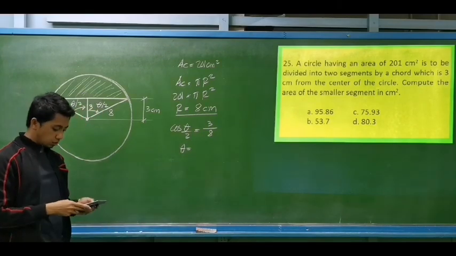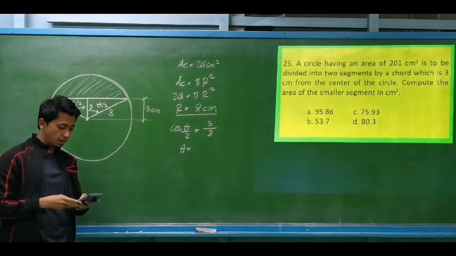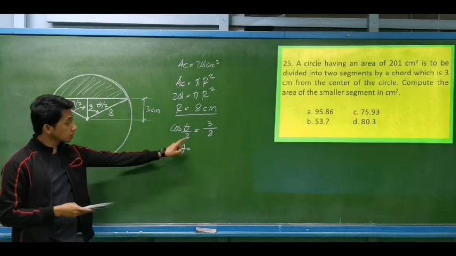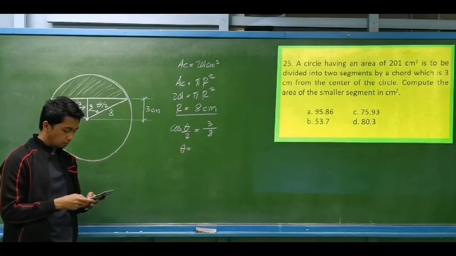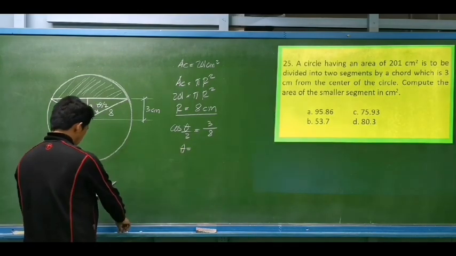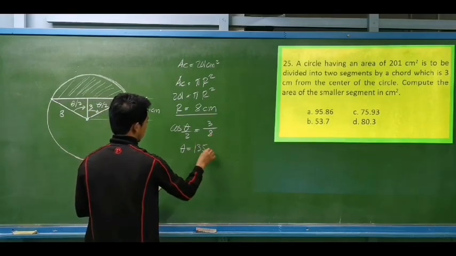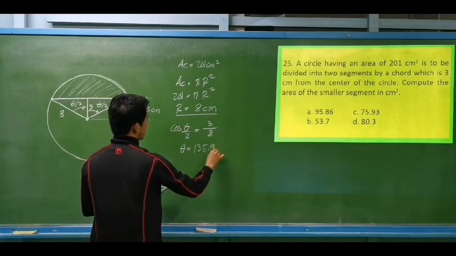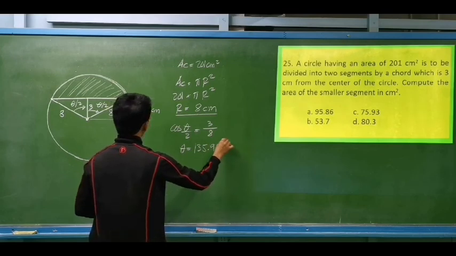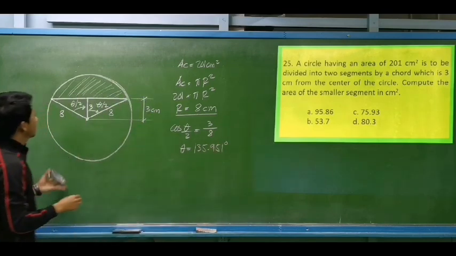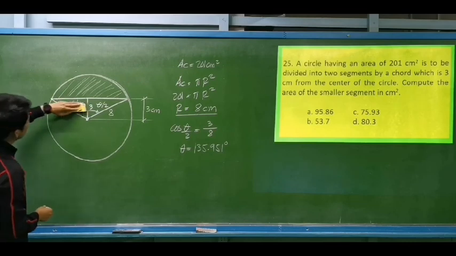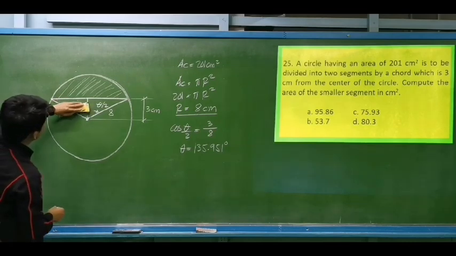That is shift cosine of 3 over 8, then times 2. So this is the same as 135.951 degrees. What I did here was theta over 2, because we only need a right triangle.